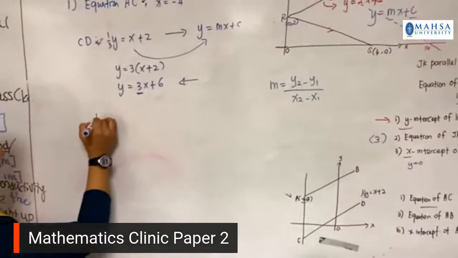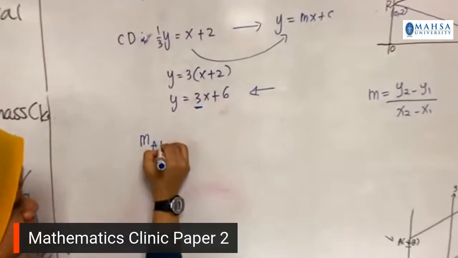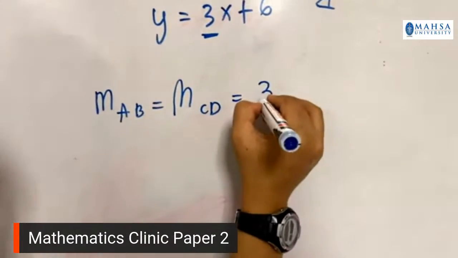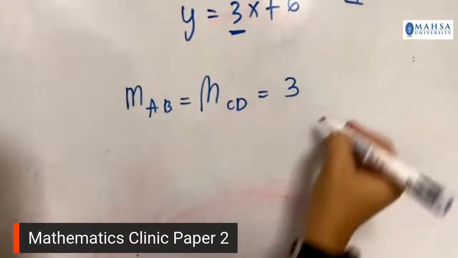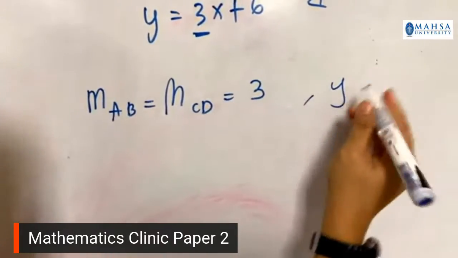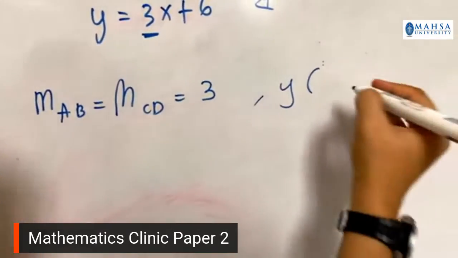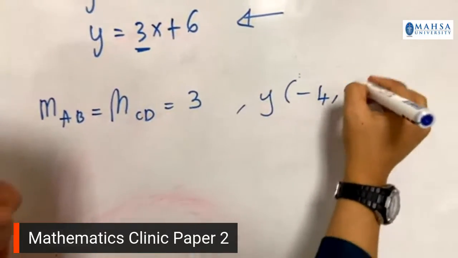So M of AB is equal to M of CD, which is equal to 3, and then we need to find the y-intercept by using 1 point given in the question, which is -4 and 8.